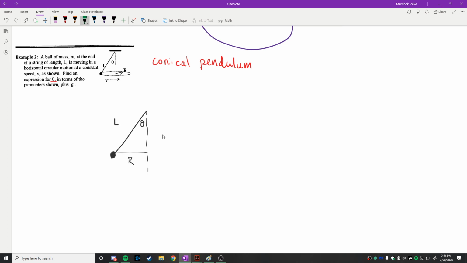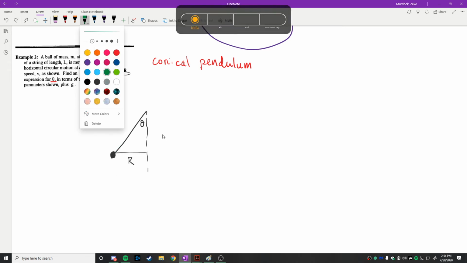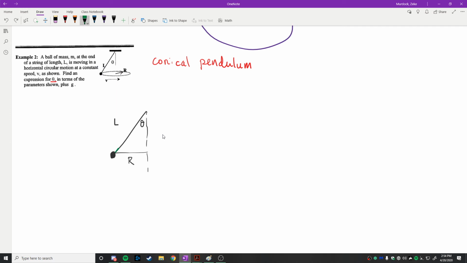What would the forces acting on the ball be? I need to make this one thicker. So tension, which goes up this way. The ball has a mass m, so our weight is just going to be mg.